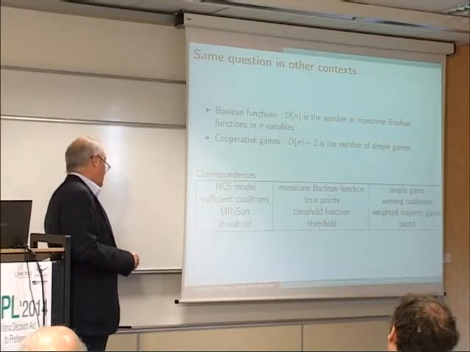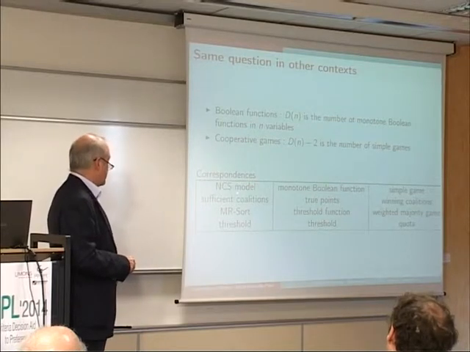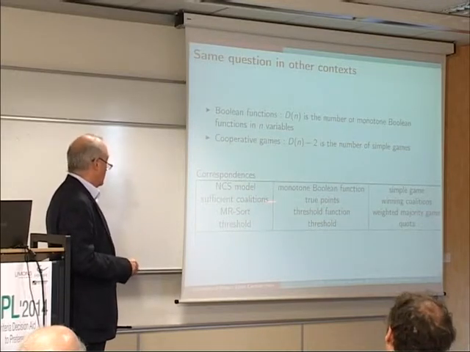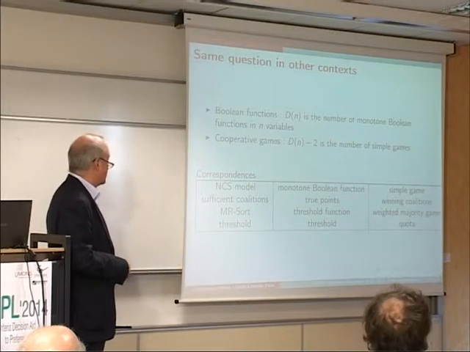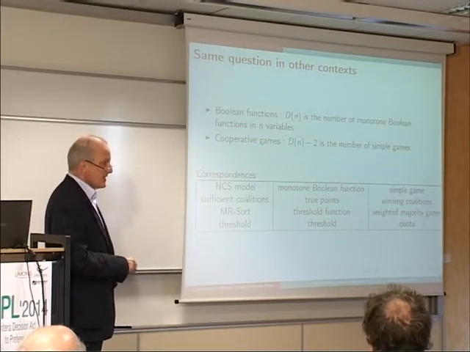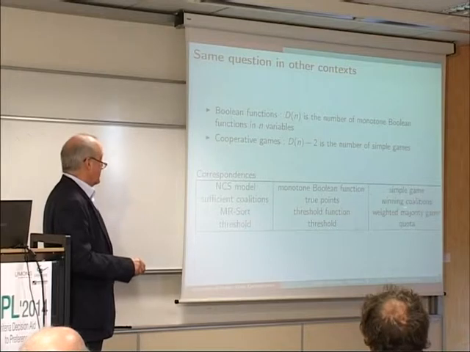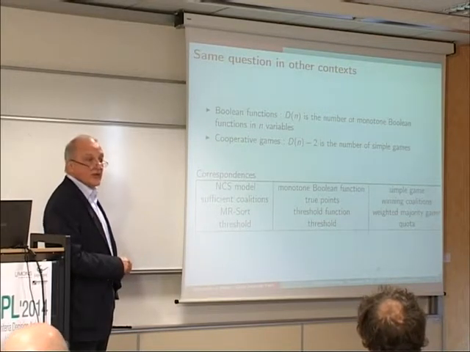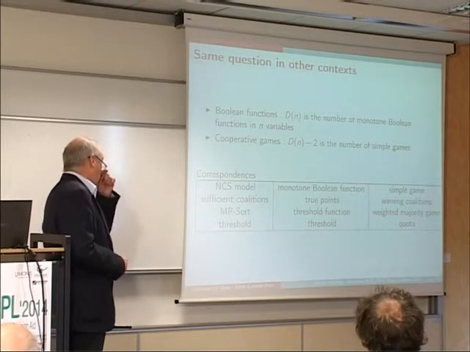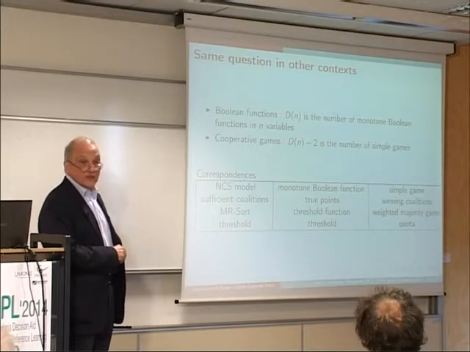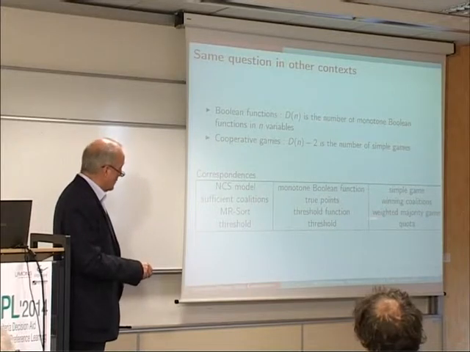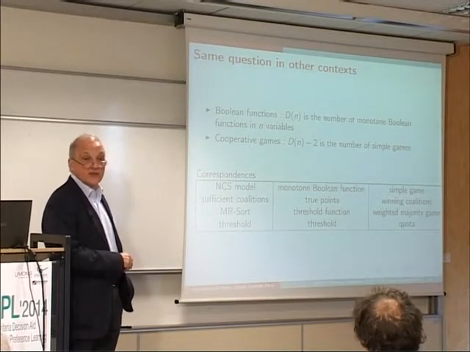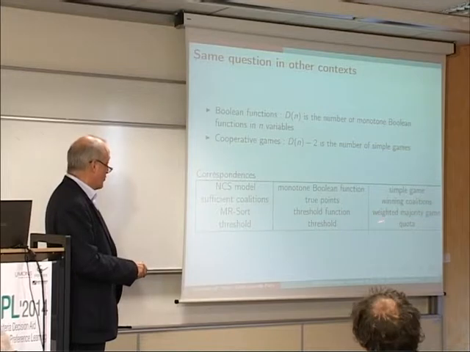So the rules with the fixed profile are in bijection with monotone Boolean functions and with simple games. The sufficient coalitions are the true points, and the winning coalitions of players in simple games. And in the degraded version, this corresponds to threshold functions in Boolean functions, or weighted majority games with quota in game theory.